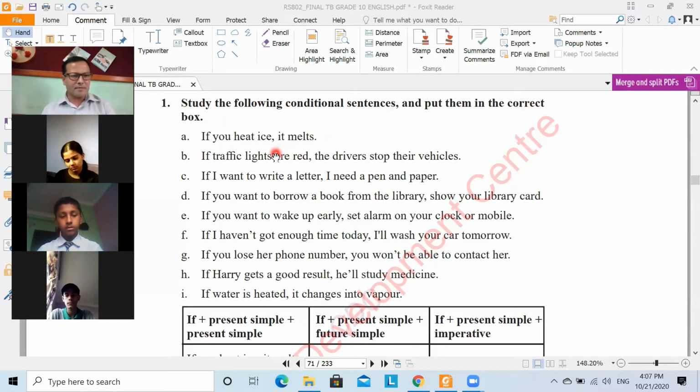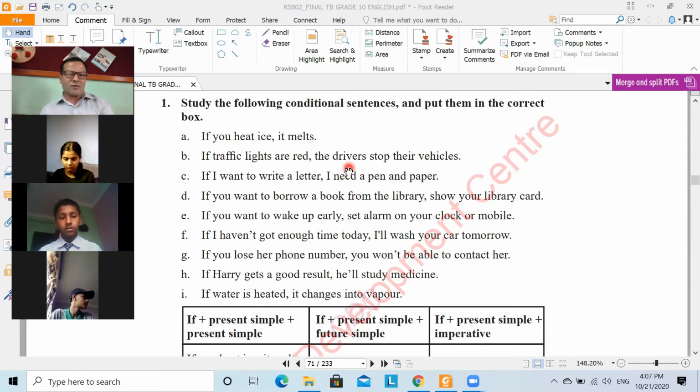Did you get me? Once again, conditional sentences are those sentences in which the result of the main clause is achieved only after fulfilling the condition of the if clause. See, in number B, if traffic lights are red, the drivers stop their vehicles.